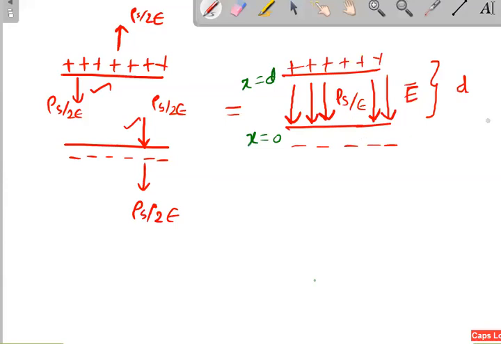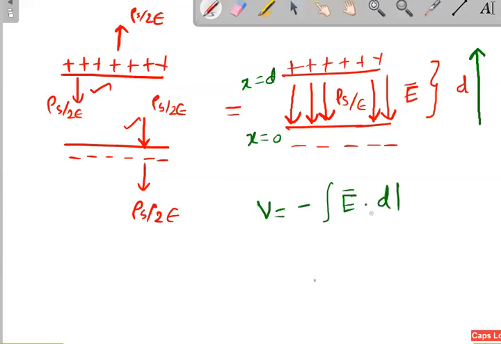Suppose I want to move from here to here, with some charge. Then how much potential, how much voltage, how much energy do I have to spend? In the morning we saw the potential: V is equal to minus integral. What is the electric field that is opposite to you, and in which direction are you going?